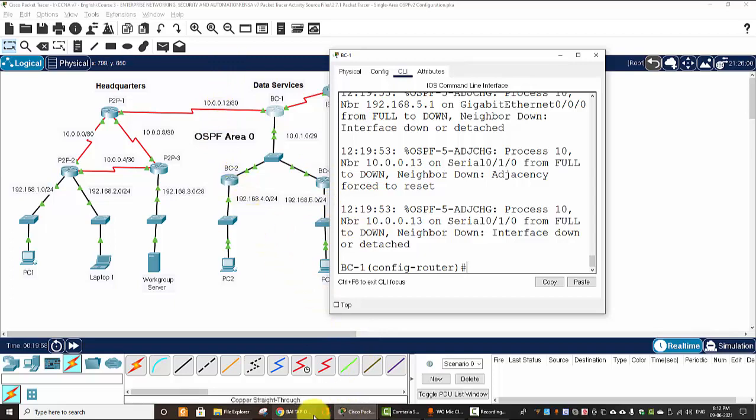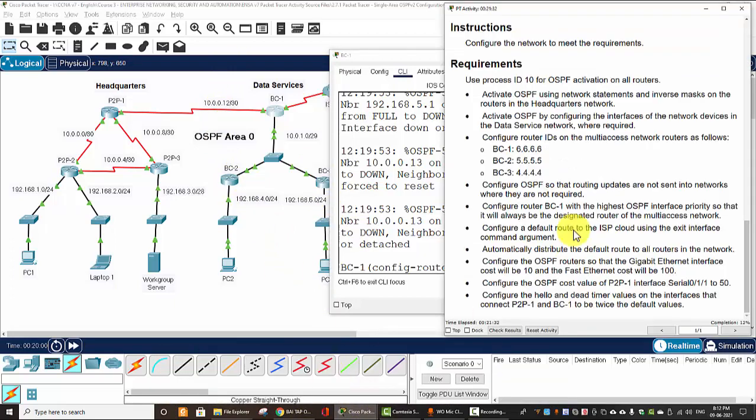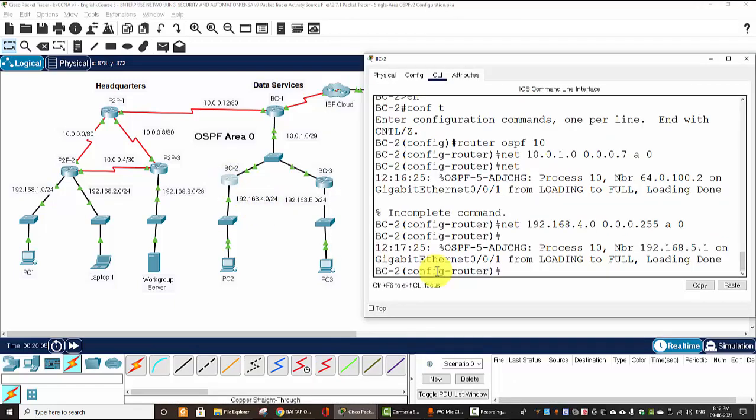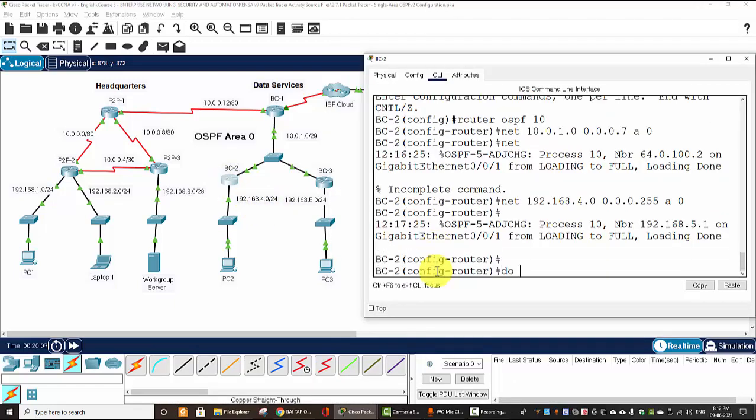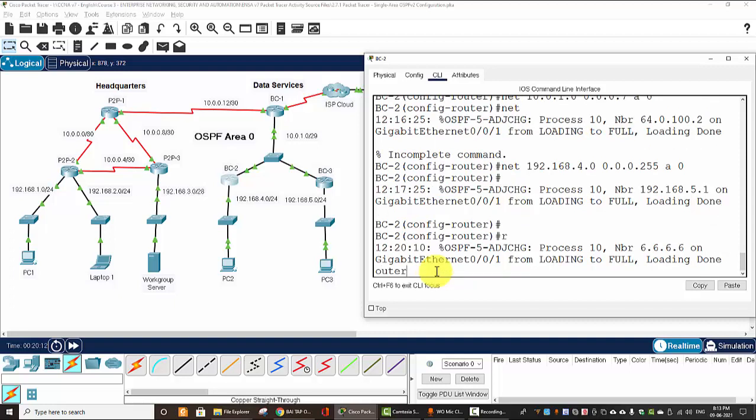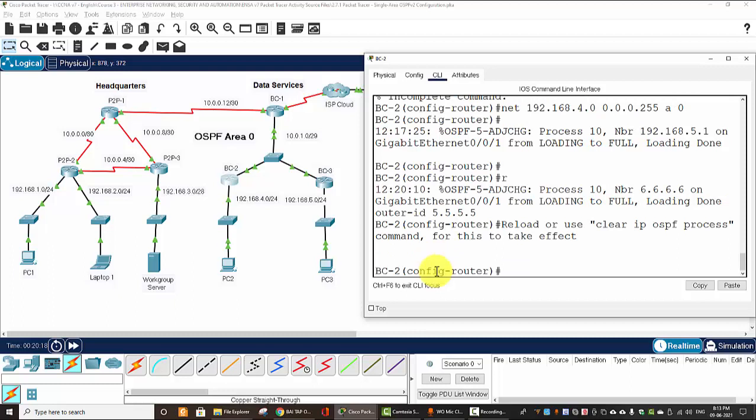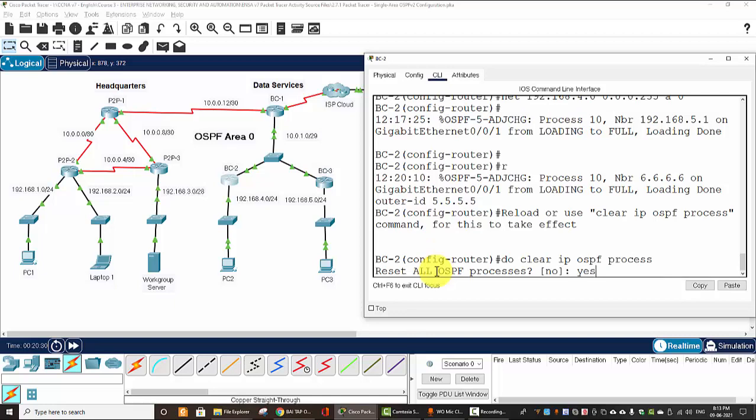And BC2, router ID 5.5.5.5, and we clear ip ospf process, and yes.